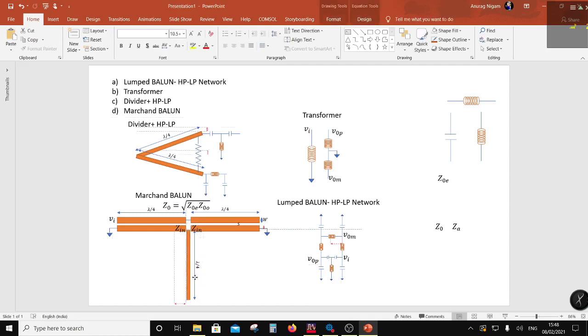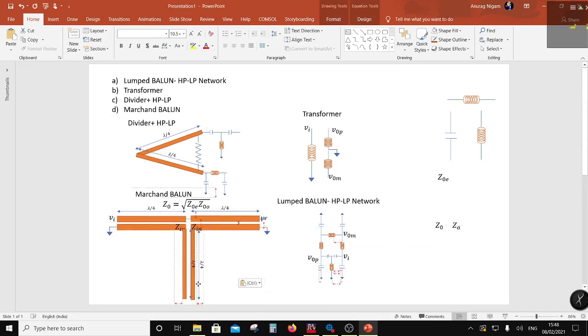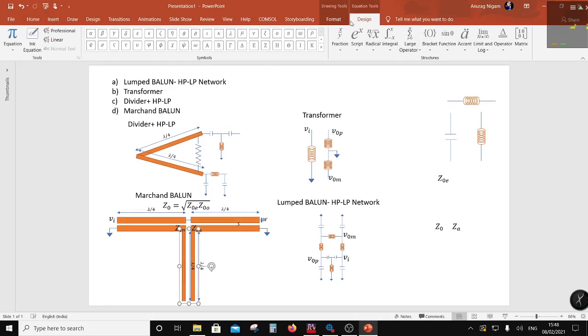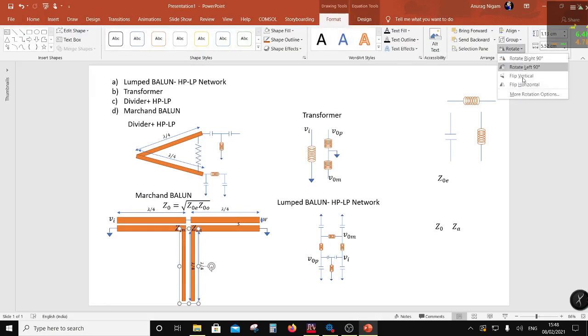So you need another piece of line over here, like this, to transform Zin into Z0.